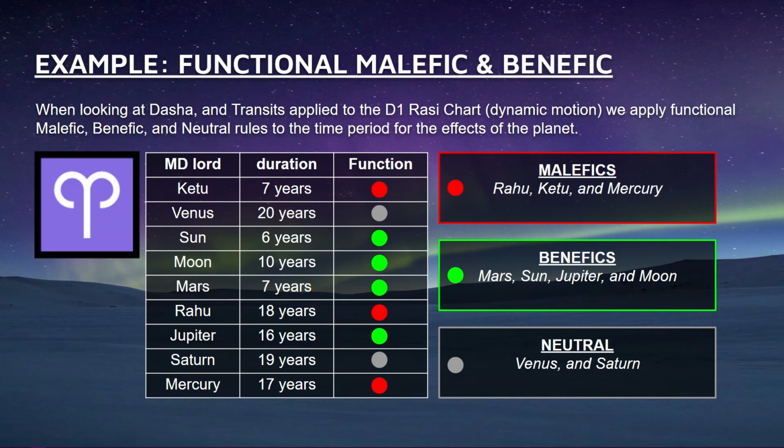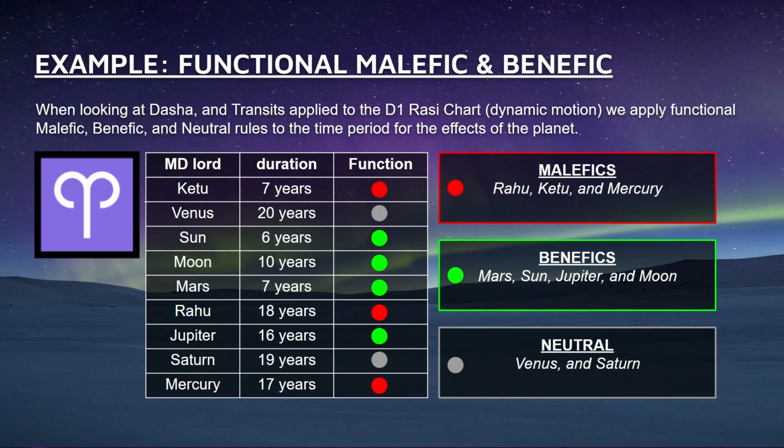So if you look in Vimshottari Dasha, which is what I have listed here in order with the duration of years for each Mahadasha lord, if we're looking at the malefics for an Aries rise, we say, okay, well, look at Rahu, Ketu, and Mercury. They're going to be malefic periods for that person in general.